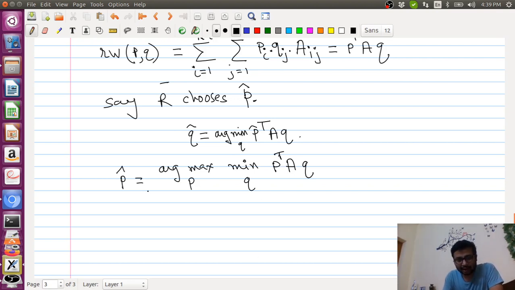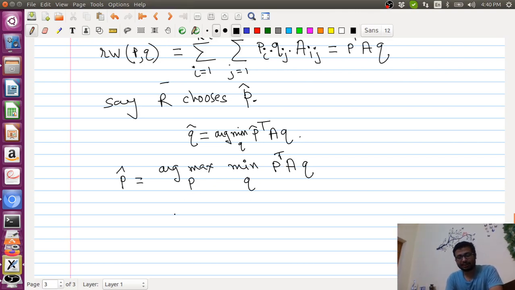Once R chooses a particular P, if C plays optimally, then R will collect a reward of min over Q, P transpose AQ, and so R will choose a P that maximizes this quantity.